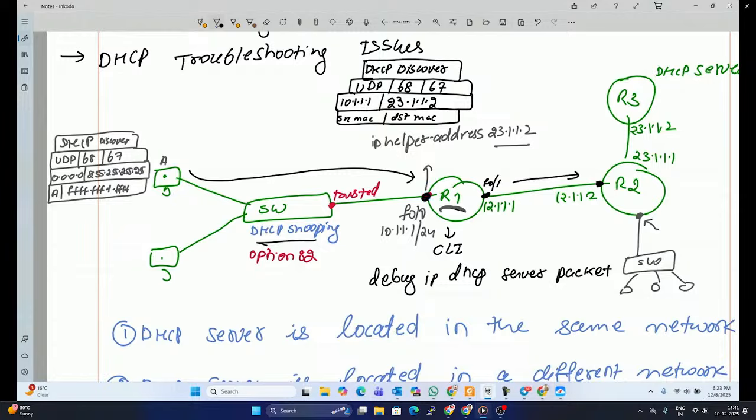Once the traffic reaches router 2, R2 will just forward it as a normal IP packet.